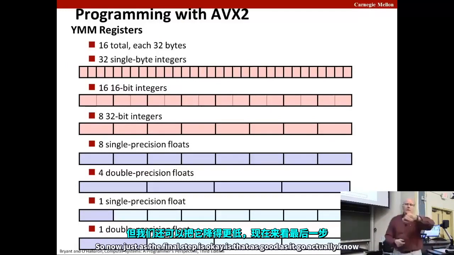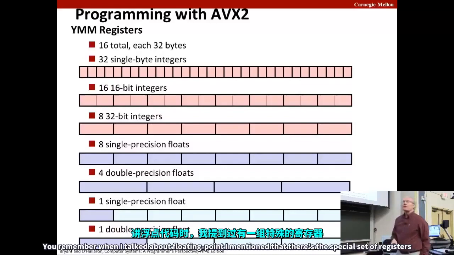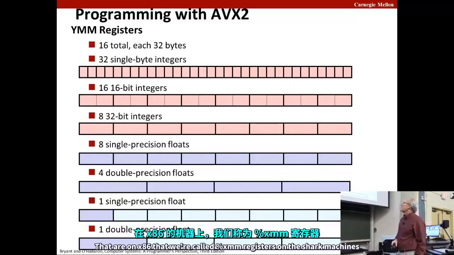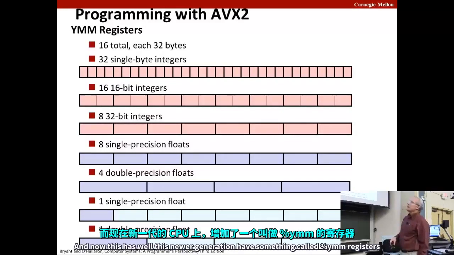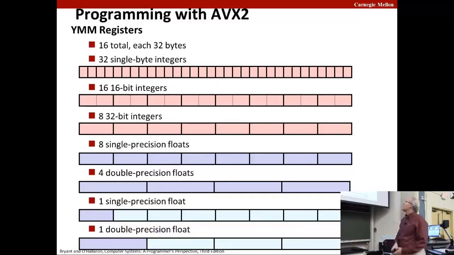So now, as the final step, okay, is that as good as it goes? Actually, no. You remember when I talked about floating point, I mentioned that there's this special set of registers on x86 that were called XMM registers on the Sharp machines. And now this Haswell, this newer generation, has something called YMM registers, which have the feature of being twice as big as XMM registers.